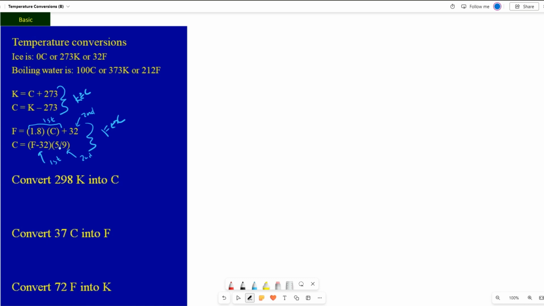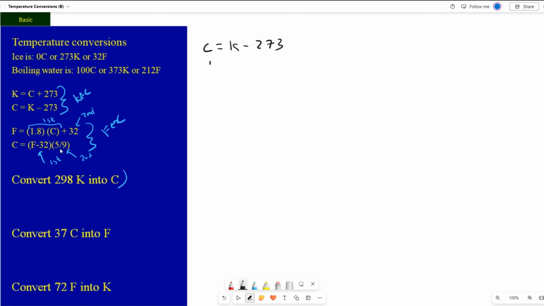In the first problem down here, we have convert 298 Kelvin into Celsius. If we want Celsius, the formula is Celsius is equal to Kelvin minus 273.